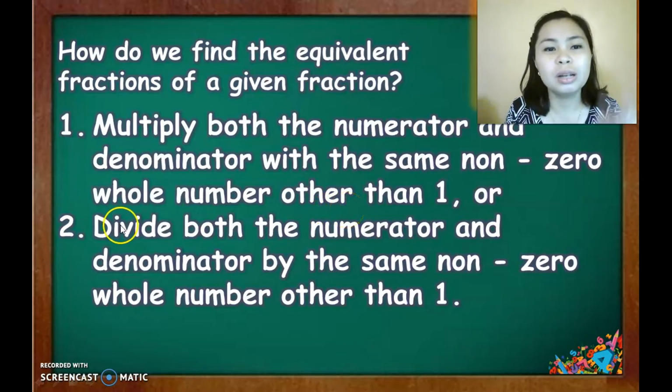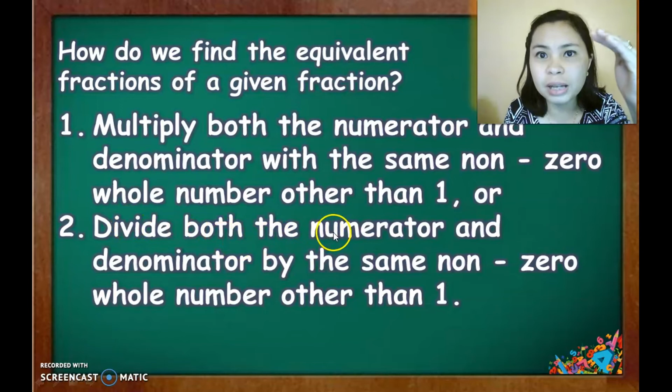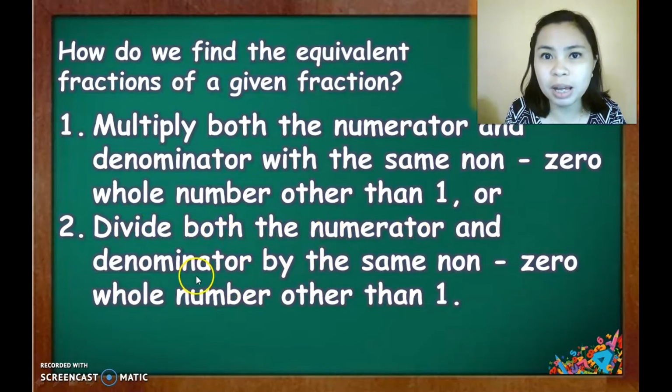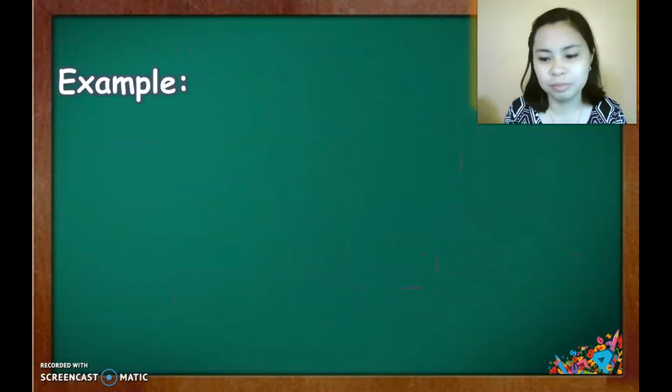Or number 2, divide both the numerator and the denominator by the same non-zero whole number other than 1.